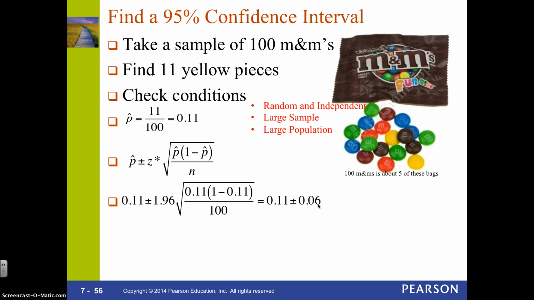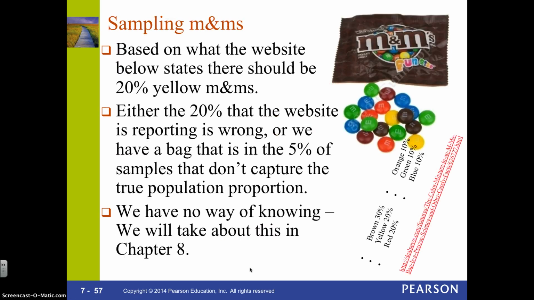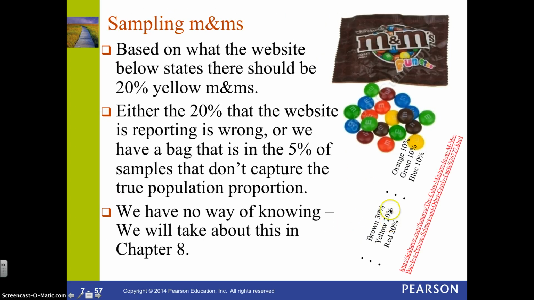So what I can say is when I calculate this, we are 95% confident that the proportion of all M&Ms that are yellow is between 5% and 17%. Now I actually found a website that claims that the number of yellow is 20%. If you remember my interval, it went from 5 to 17, and 20 is not in that interval.